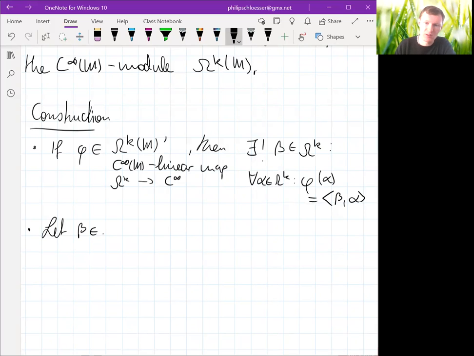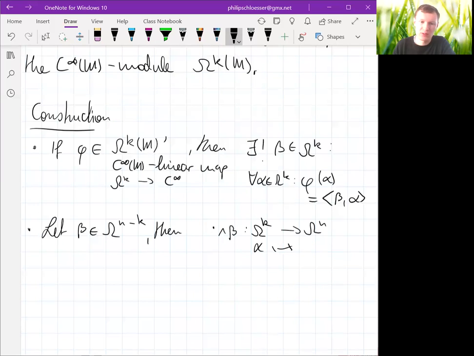So let beta be an n minus k form. Then we have the map that takes a k form and produces an n form just by mapping alpha to alpha wedge beta. This is C infinity linear.